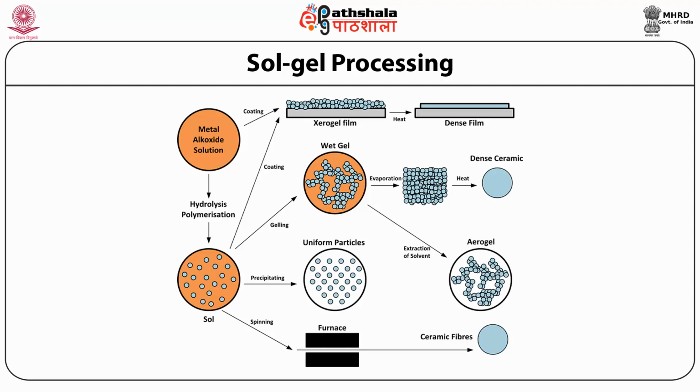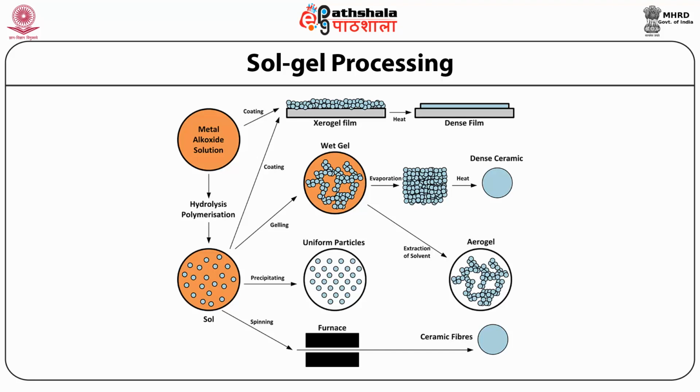The precursor sol can be deposited on a substrate by spinning, precipitating and gelling into a wet gel, and then coating.